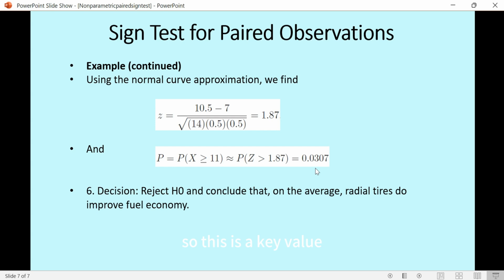This is the p-value. So we reject H0 in favor of the alternative hypothesis H1, and we conclude that on average radial tires do improve fuel economy in this example.